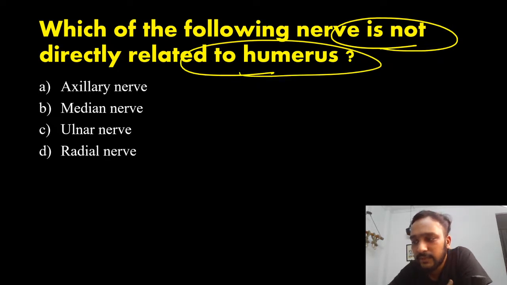No, axillary nerve is also related to the humerus. Anyone else? Jagan Kathir? No, it is not axillary nerve. So now you have just two options remaining. What is your answer, guys?